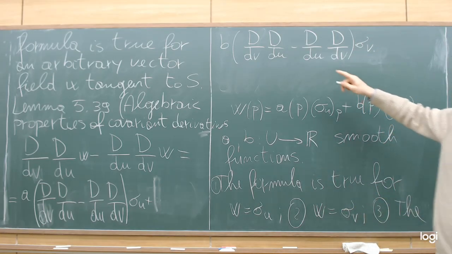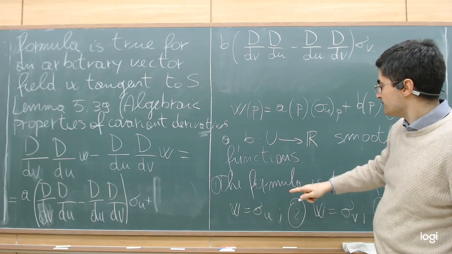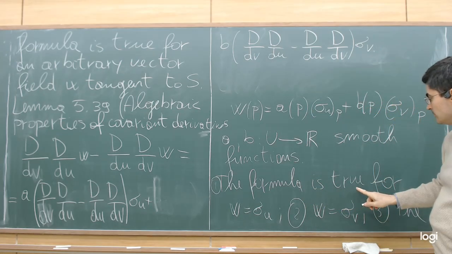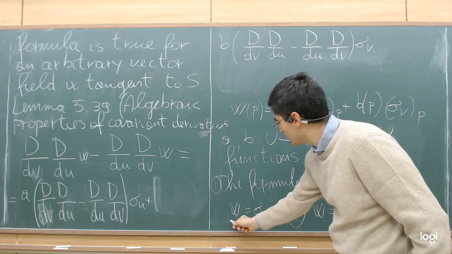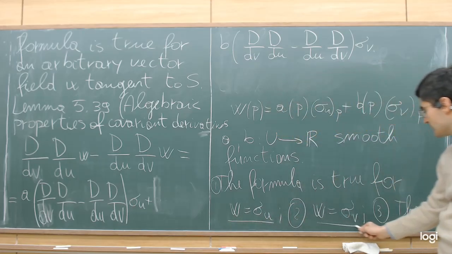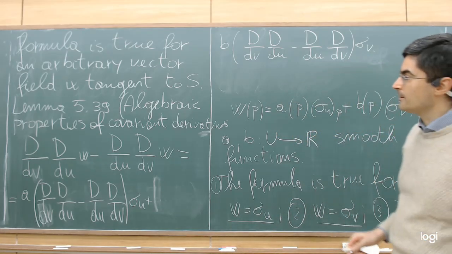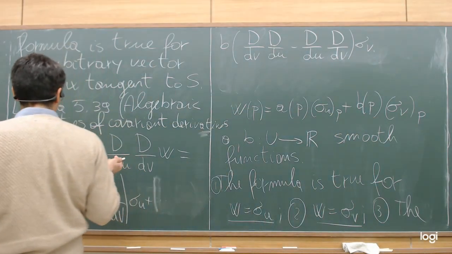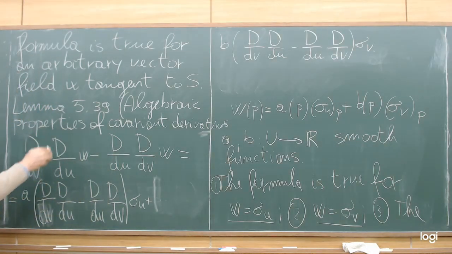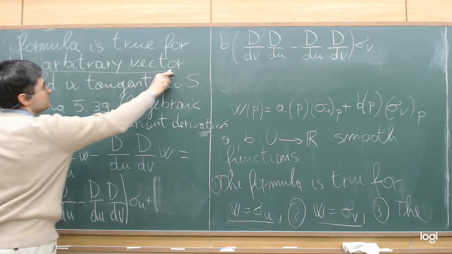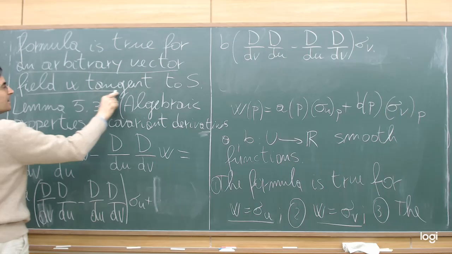Since the formula holds true for W equals sigma u and W equals sigma v, then from this decomposition we get that the formula holds true for an arbitrary vector field W tangent to S.